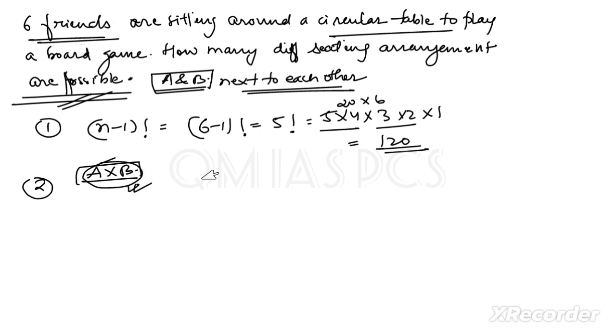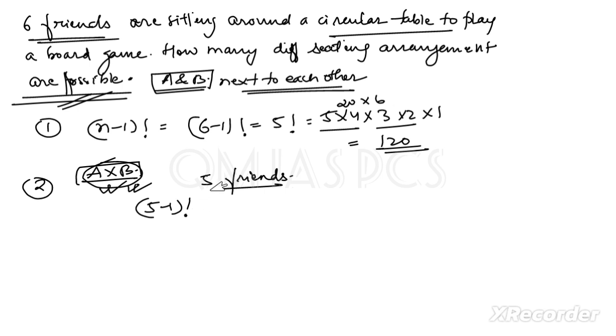It will be 5 friends. If we consider this a single entity, then there will be 5 persons. So in that case we have to take 5 minus 1 factorial.